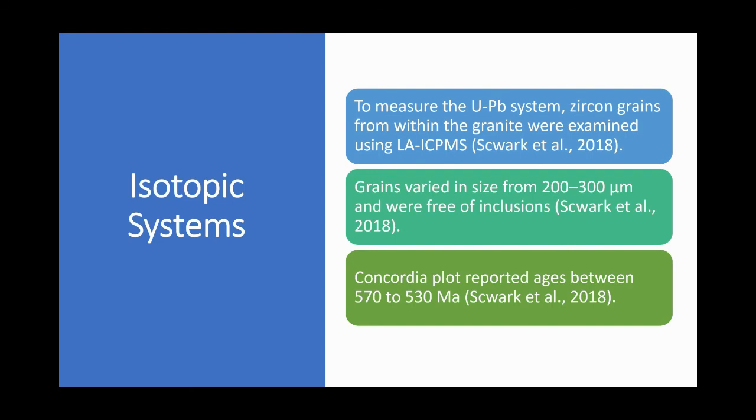Now, again, contradictory. While these ages are only about 30 million years apart, they're significant since the 490 million year mark that the garnet samarium neodymium age shows is that the whole unit is not syntectonic and it's actually late or post tectonic.